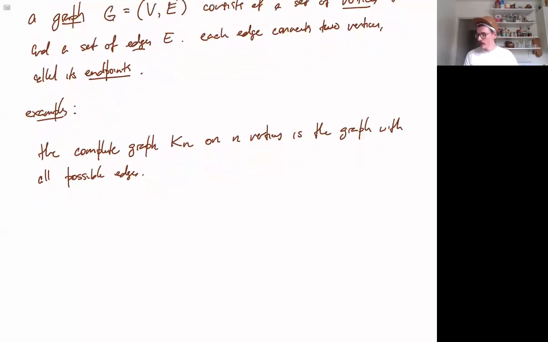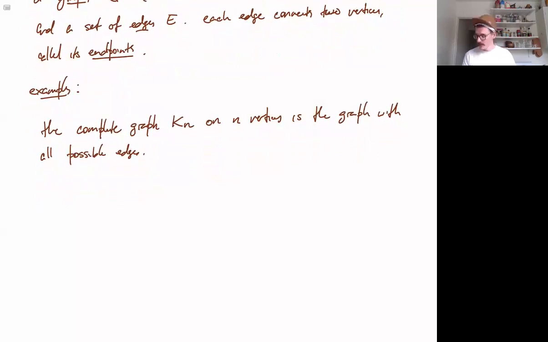And there's one for each n, for each number of vertices. So K1 is a single vertex and no other vertices to connect it to, so that's all it is. K2 is two vertices and they are connected by a single edge. K3 is three vertices connected each to the other two.